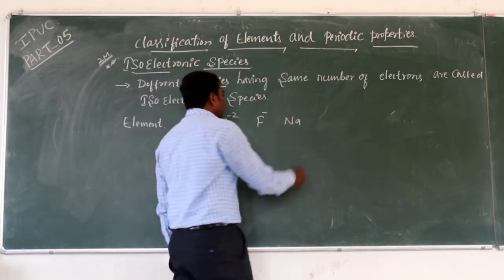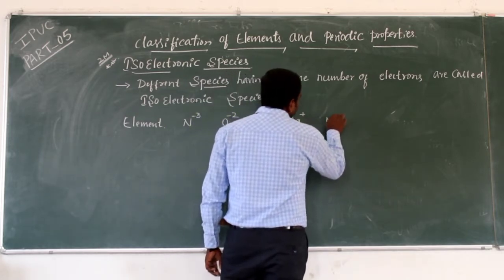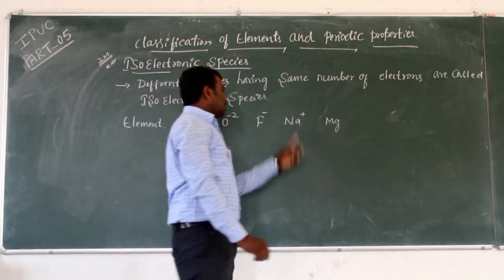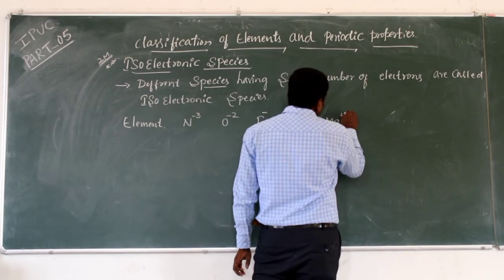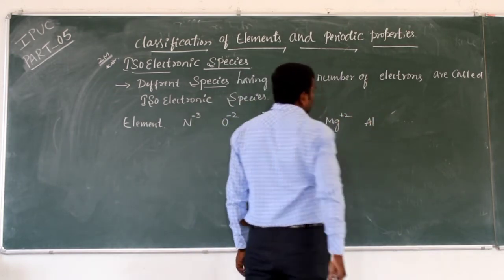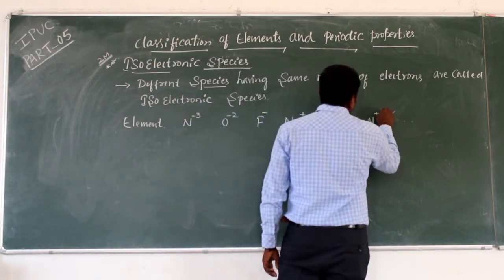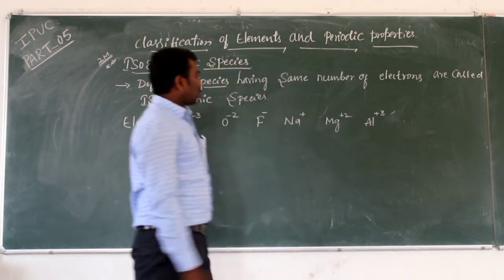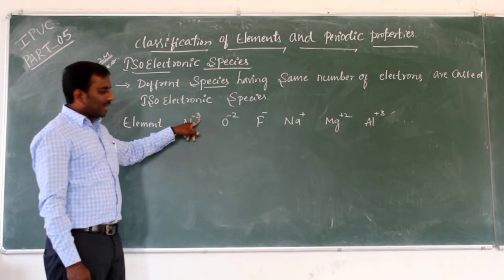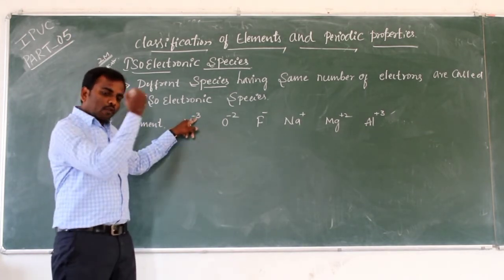This sodium donates 1 electron. Next, Mg, magnesium. This magnesium donates 2 electrons. Next, aluminium, which donates 3 electrons. Is it clear?